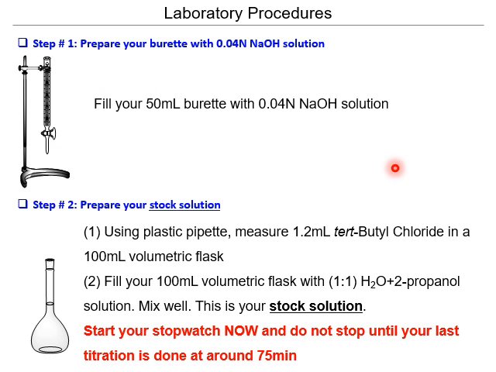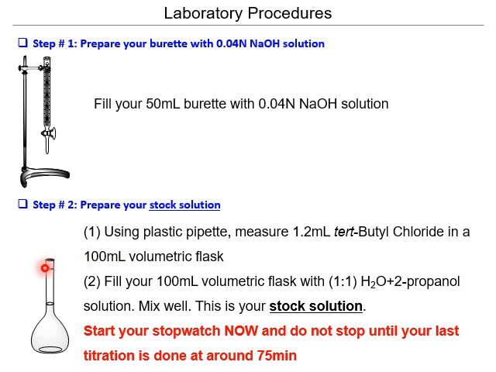So what procedure are we going to follow? At first, we need to fill the 50 ml burette with 0.04 normal sodium hydroxide solution, and then prepare your stock solution using a plastic pipette.